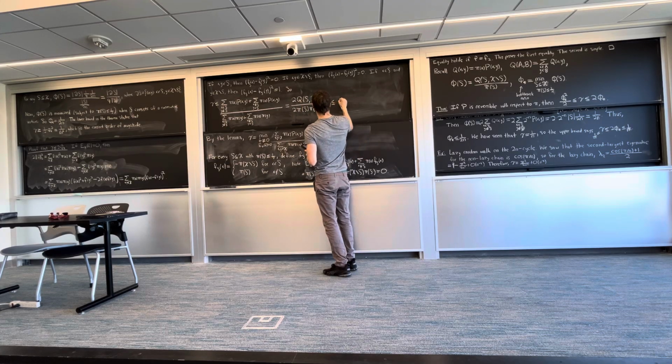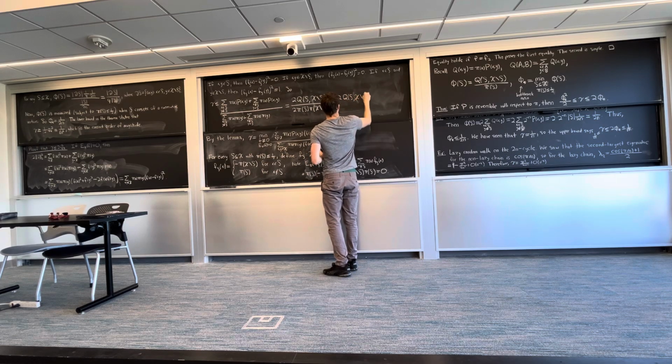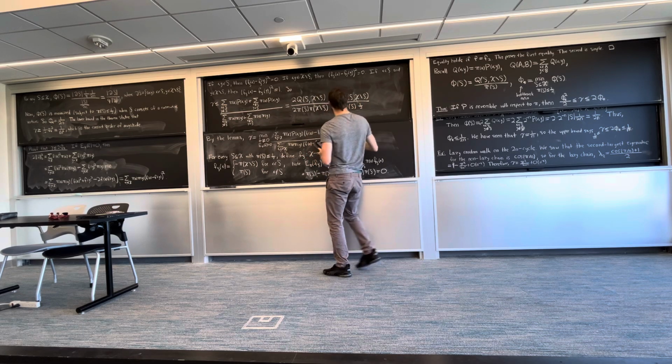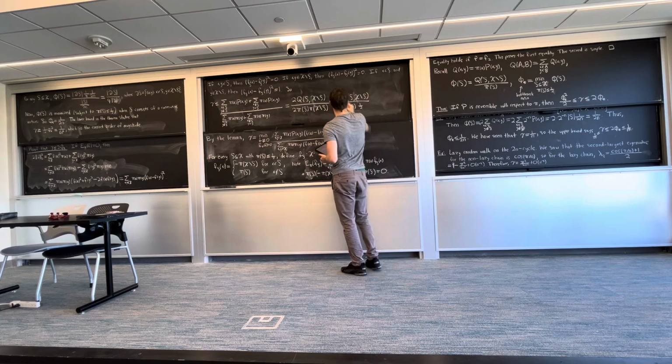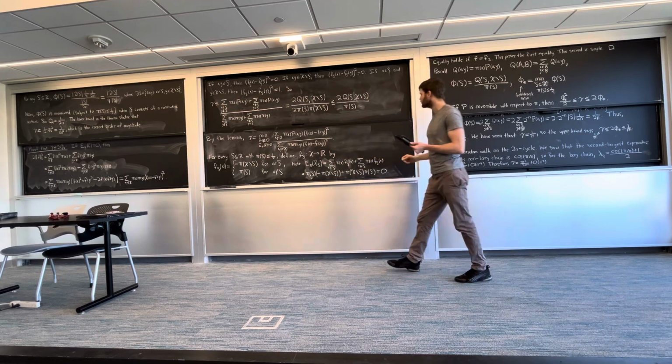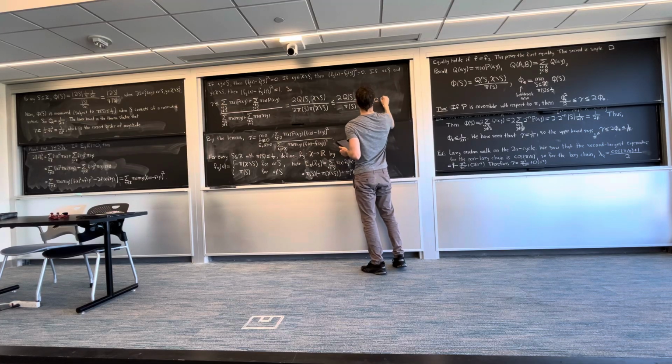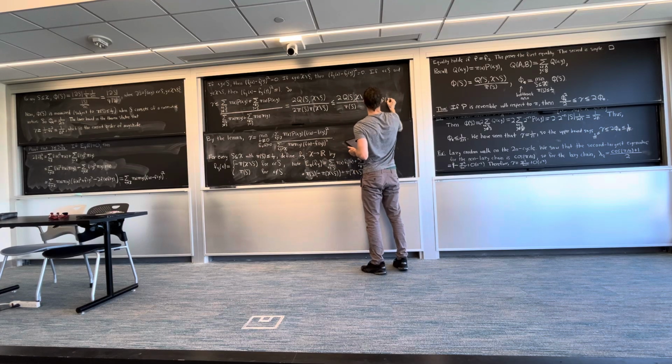So I get an upper bound if I do 2q of s with the complement over 2 pi of s times a half. Okay, but then the 2 and the 1/2 cancel.